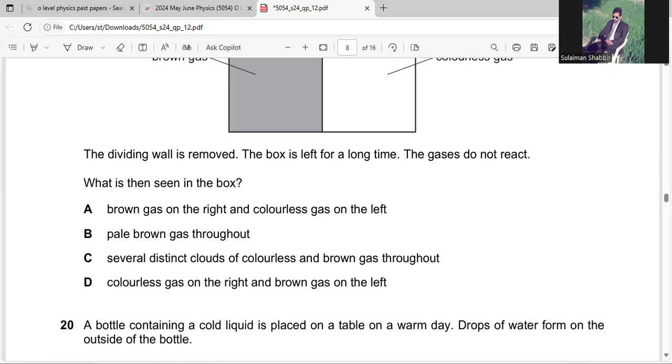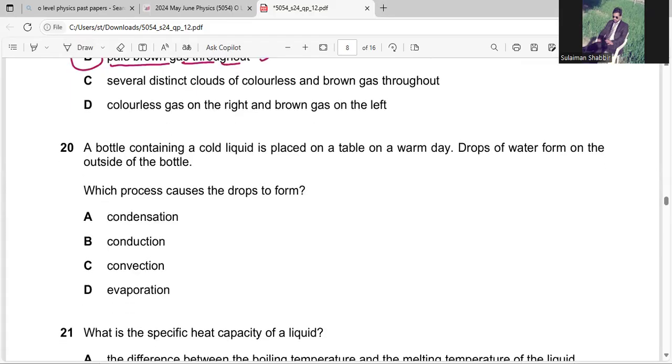Pale brown gas throughout, because colorless is not shown, so it is the right option. The gas should be spread throughout the container. If it goes to this side also, its color will be a little bit dim, but it will be there throughout. So this is the right option.